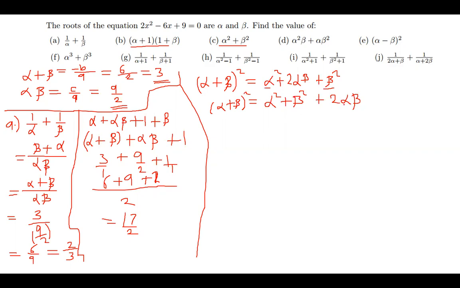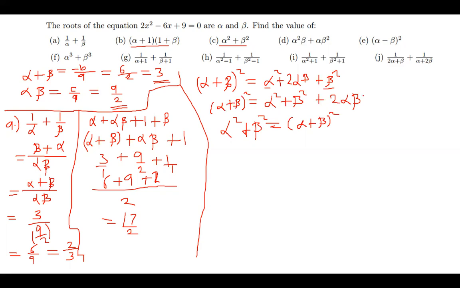So once you take the 2 alpha beta to the other side of the equal sign, you're going to have alpha squared plus beta squared equal to alpha plus beta in brackets and then squared.